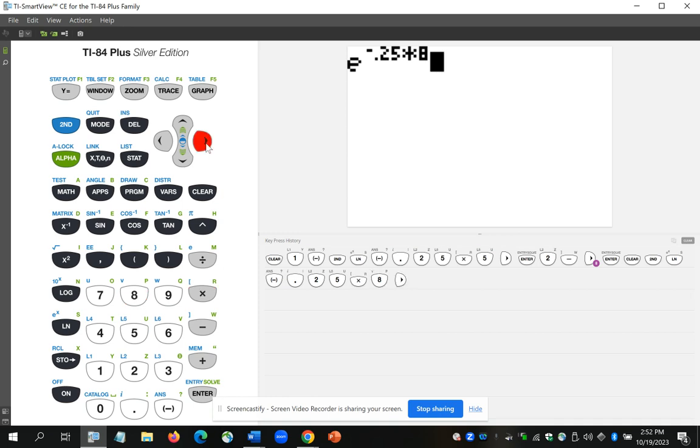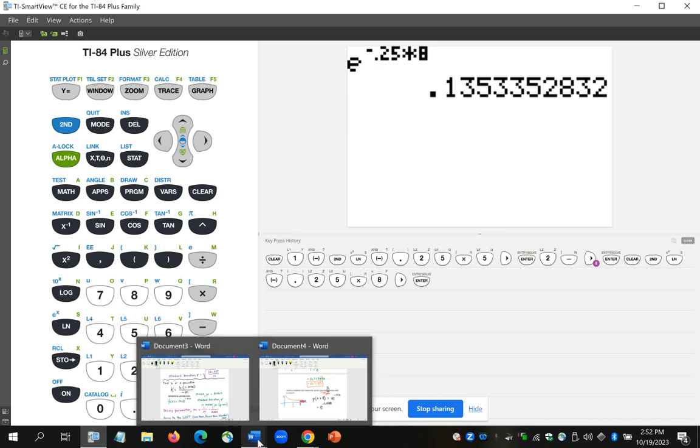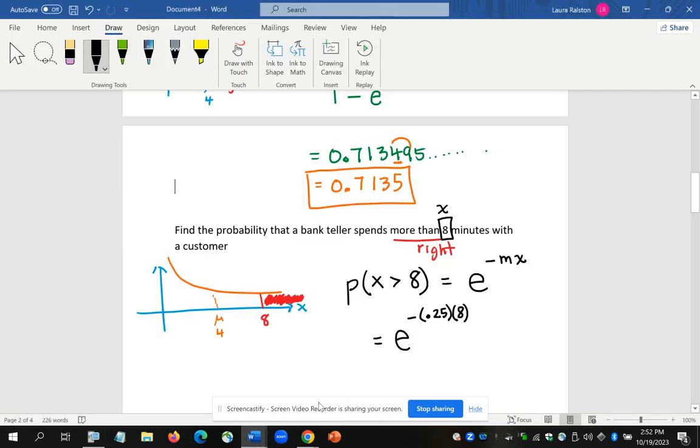Get out of the exponent by the arrow and hit enter. And we get 0.135335.